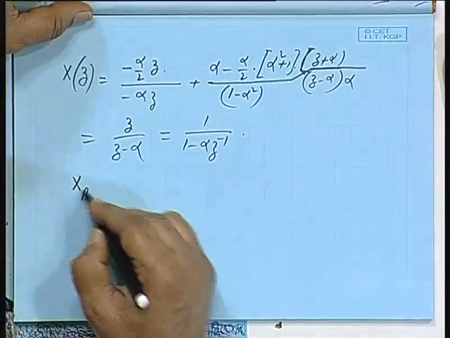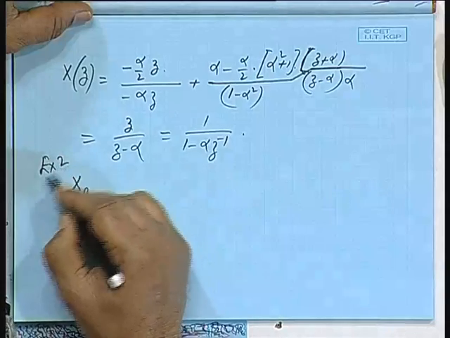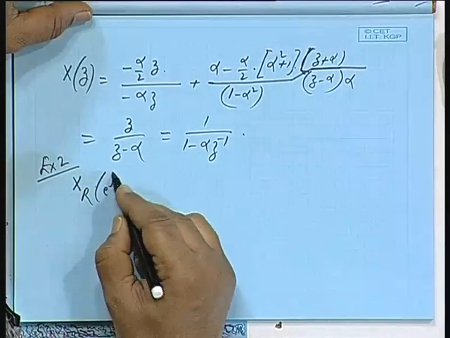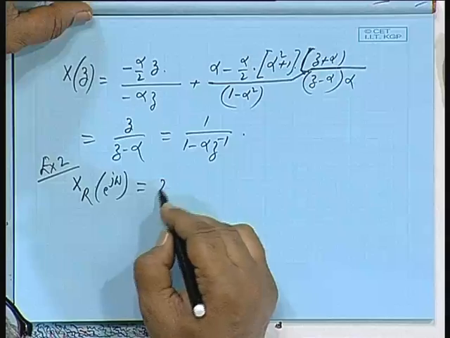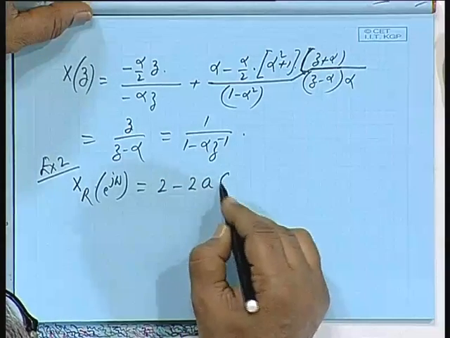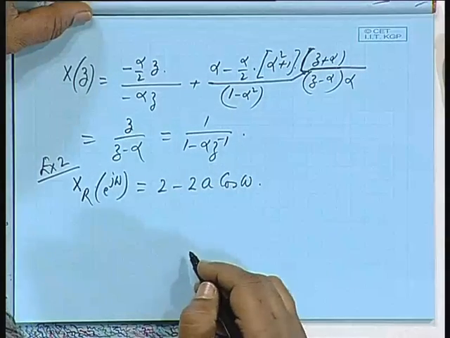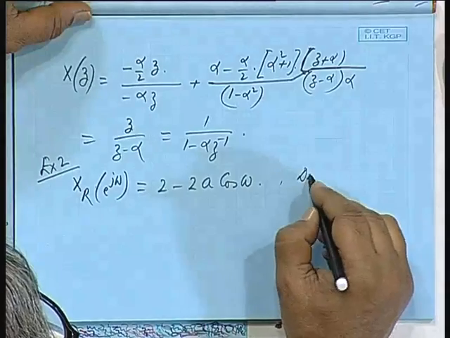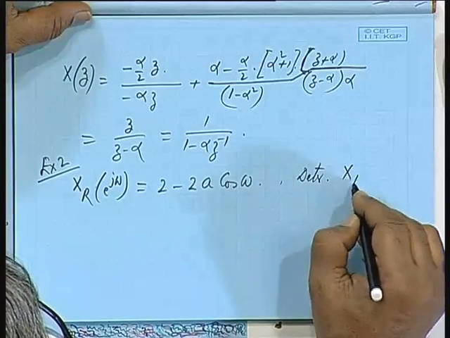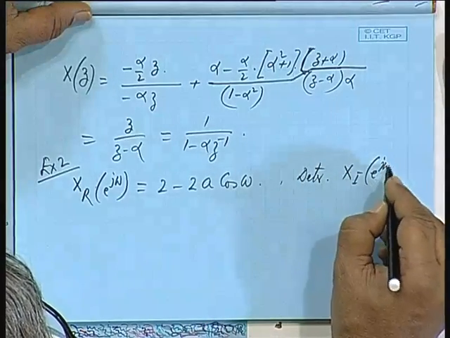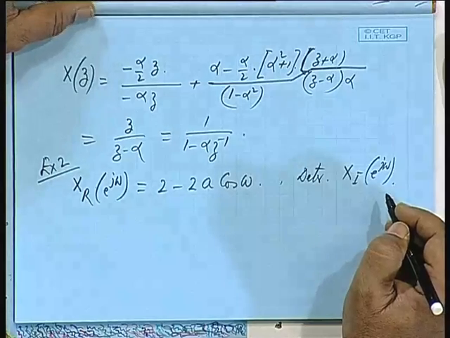X real e to the power j omega is 2 minus 2a cosine omega. Determine the imaginary part. Okay.